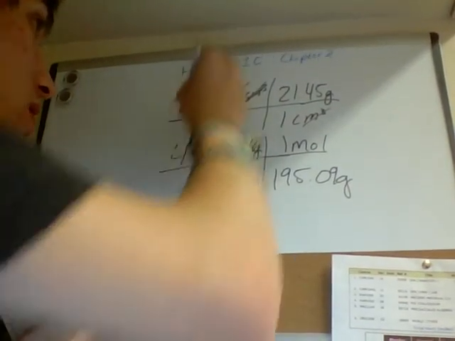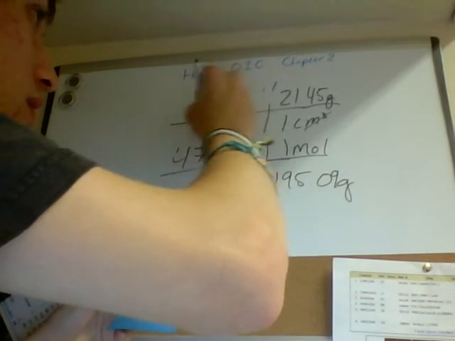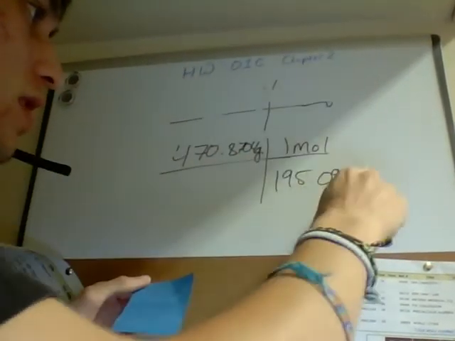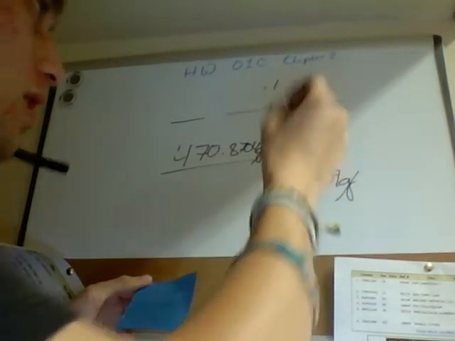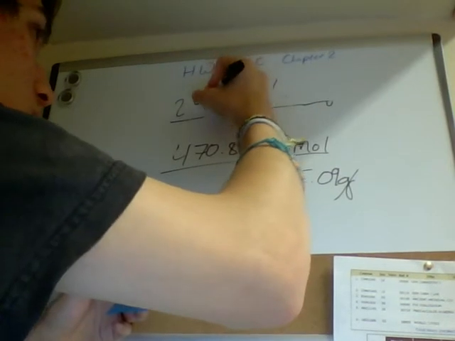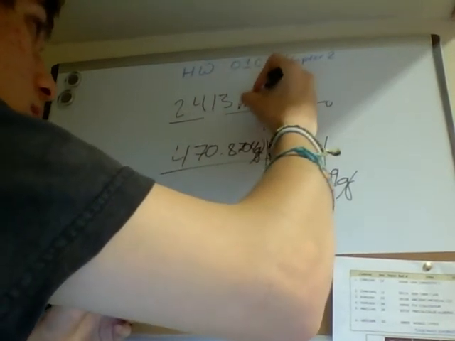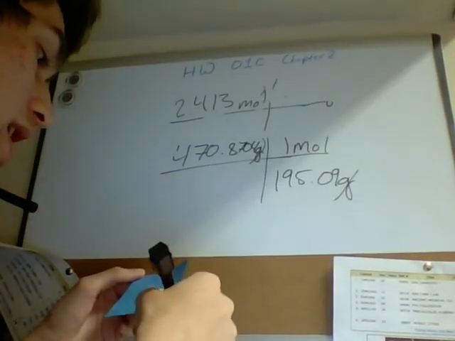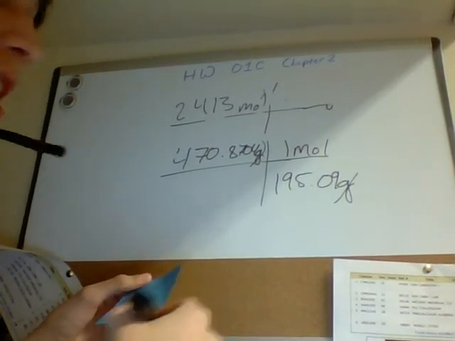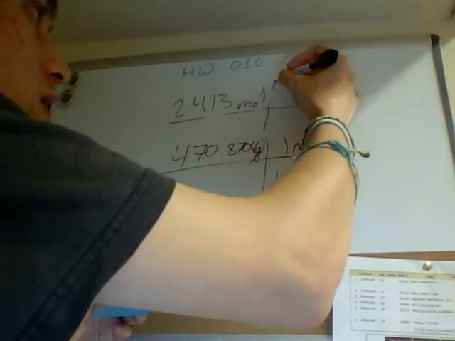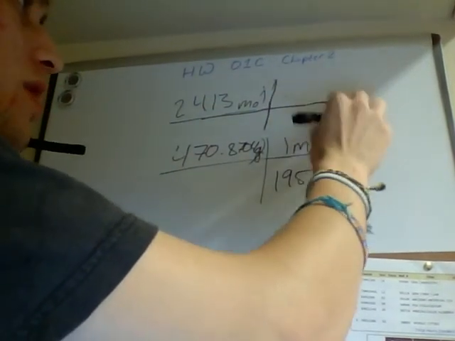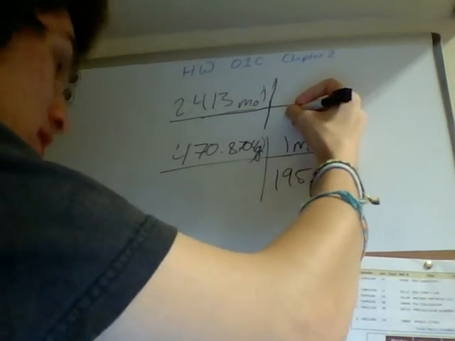After you convert it to moles, you cross out grams. The grams cancel, and you're left with moles. Here I was left with 2.413 moles, and I used Avogadro's number, which is how many atoms or molecules there are in 1 mole of the substance, and that's a constant.